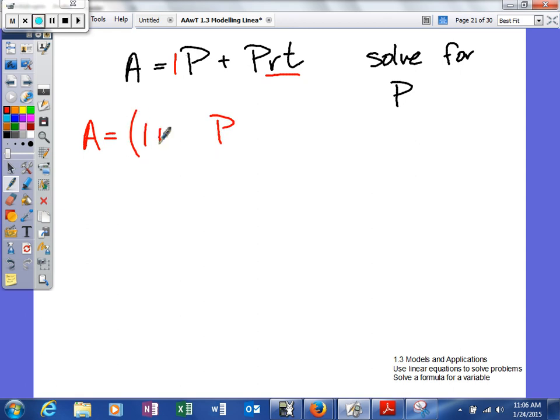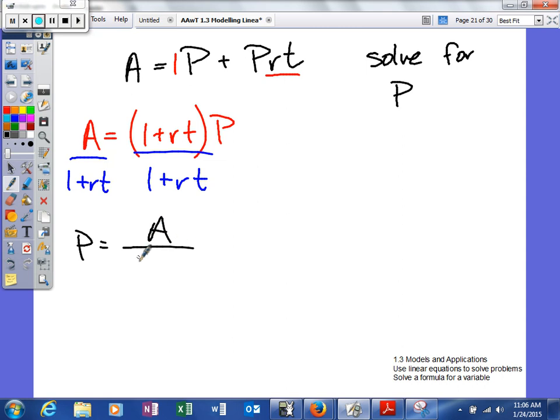So 1 plus the coefficient, or what's being multiplied, that will be RT. And then all you have to do to solve for p at this point is to divide by that stuff. And we will get p to be equal to A over 1 plus RT.